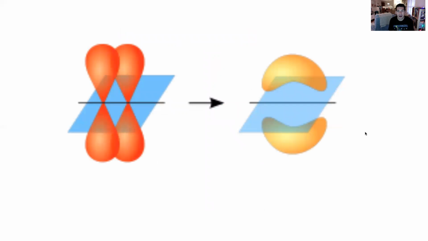A pi bond is when an unhybridized p orbital overlaps. Because the p orbital has that dumbbell shape, we end up getting the p orbital reaching over and below. So the middle is the axis where the sigma bond is occurring, and the pi bond is occurring above and below it. It's kind of weird.